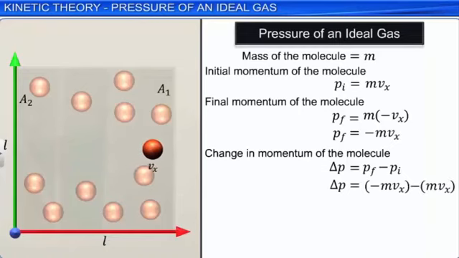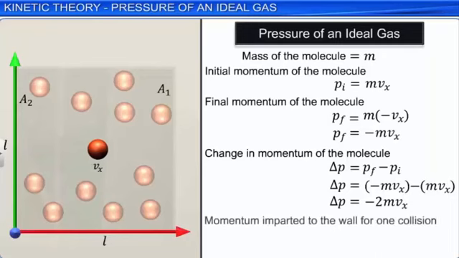Thus, delta p = minus 2mvx. As the collision is elastic and momentum remains conserved, the momentum imparted to the wall of the cube for one collision, delta p dash, is equal to 2mvx. Let this be equation 1.